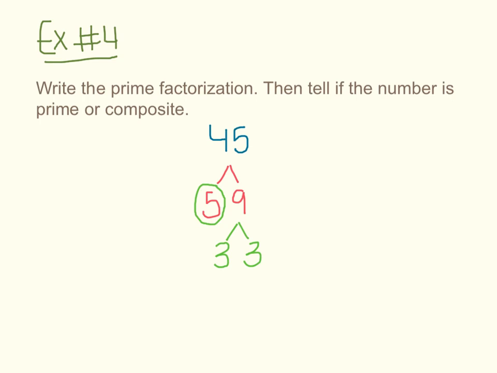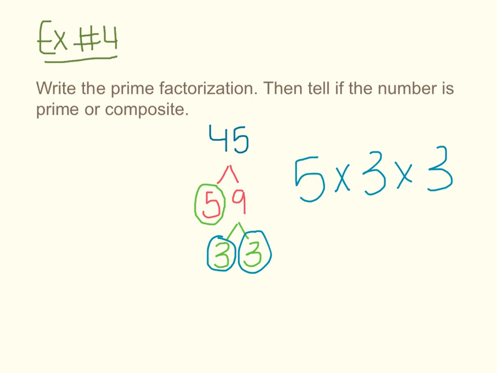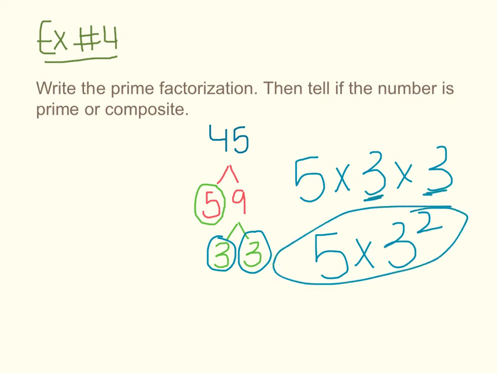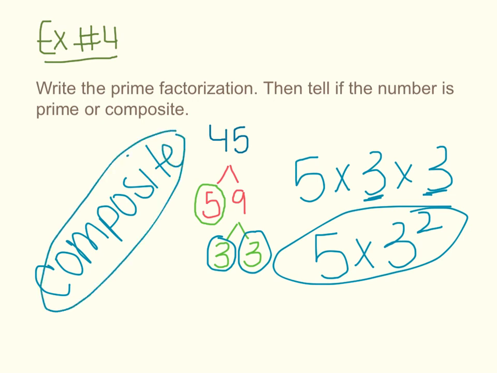So we circle both of those because they can't be broken down. And now my prime factorization is 5 times 3 times 3. Or if I'm using exponents, it's 5 times 3 to the 2nd power because I have 2 of those 3's. And 45 is a composite number because I was able to break it down by something other than 1.